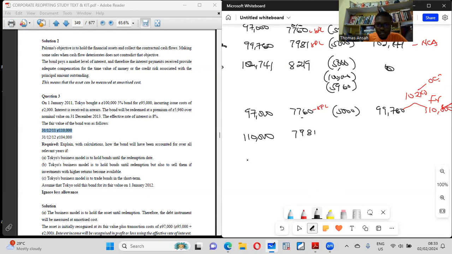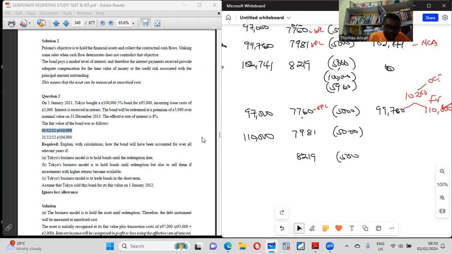So the third year too will be what? 8,219. Nothing changes. Here will be 5,000. Here 5,000. Which means this side will also be 102. Oh no, it won't be because a little change happened in the opening balance. This one. So it means you have 110 plus 7,981 minus 5,000. So it means we have what?